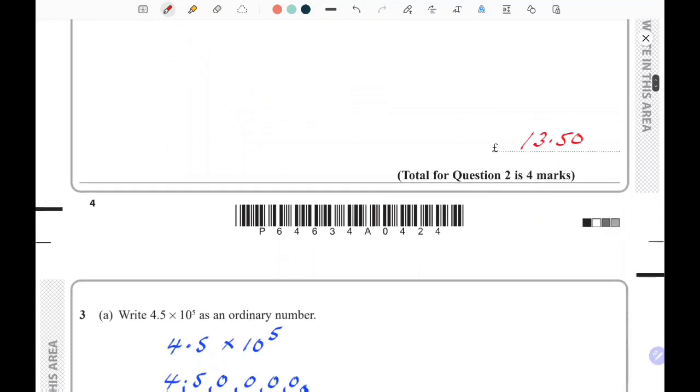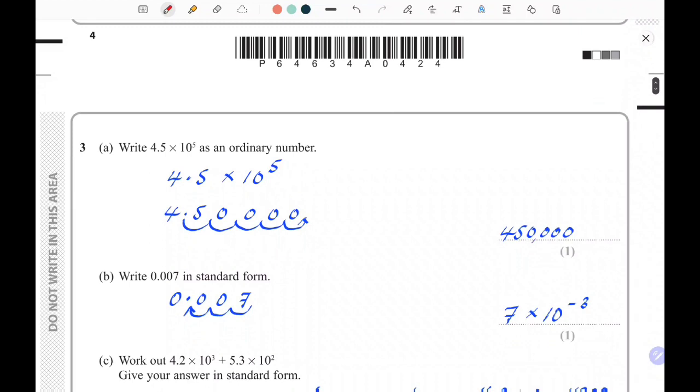Right. Hopefully that's self-explanatory. And next one to do with standard form. They've given us a number, 4.5 times 10 to the power 5. Okay.